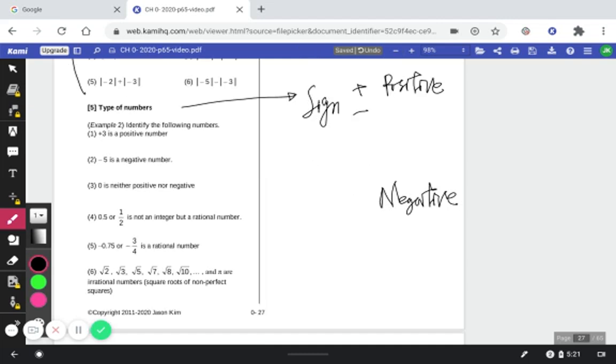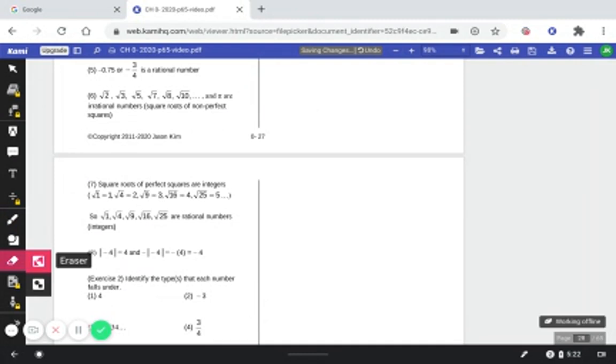Negative 0.75 or negative 3/4 is a rational number. And radical 2, radical 3, radical 5, radical 7, radical 8, radical 10, and pi are all irrational numbers. Okay. So we talked about positive numbers, negative numbers, zero, and rational and irrational numbers.